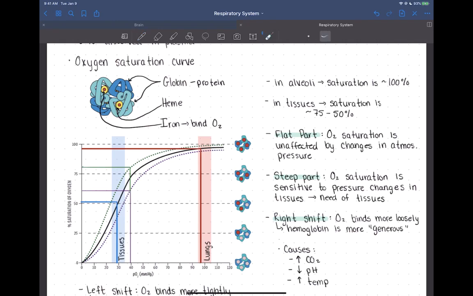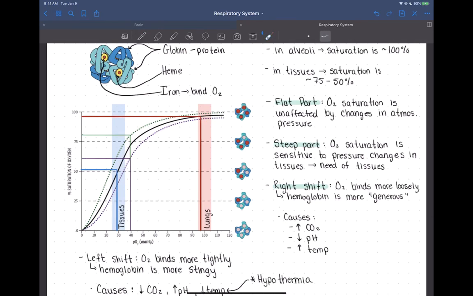So then for this chart, the way I've kind of laid it out is that we have on our y-axis the percent saturation of oxygen. So this just means how much oxygen is the blood carrying at a particular time. Okay, and so on the bottom we have the partial pressure of oxygen.